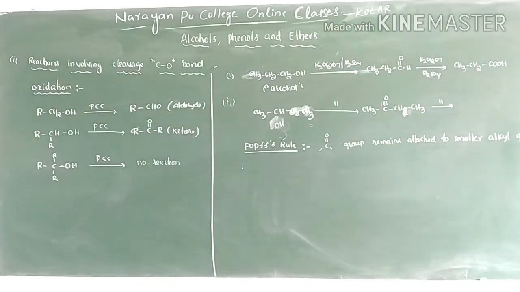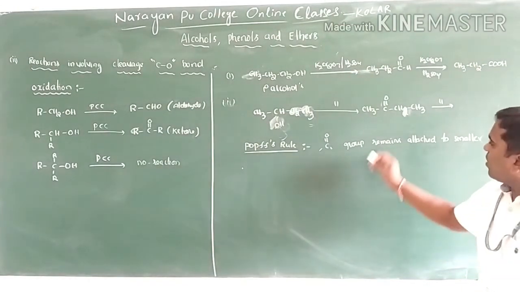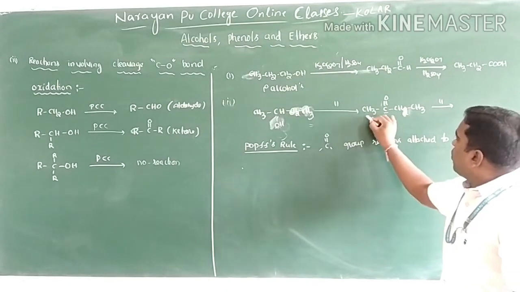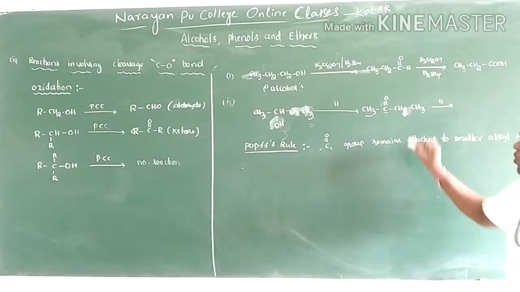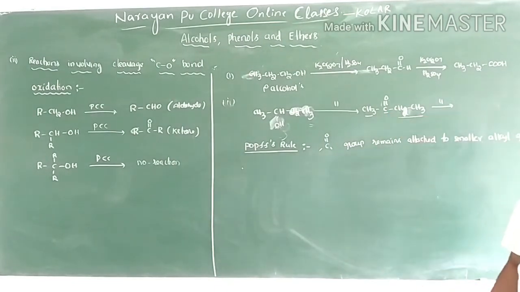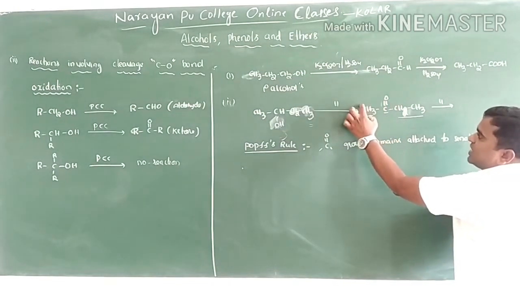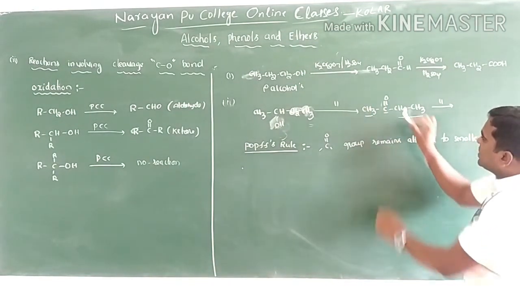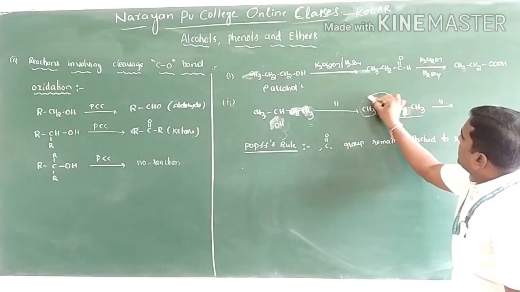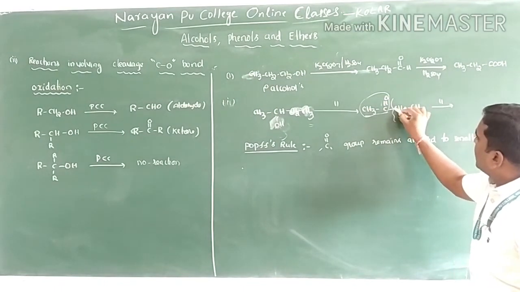This is Popov's rule. Here, to the CO, one group is methyl and another is ethyl. So CO is always attached to CH3 only, so that's why the bond has to break here.